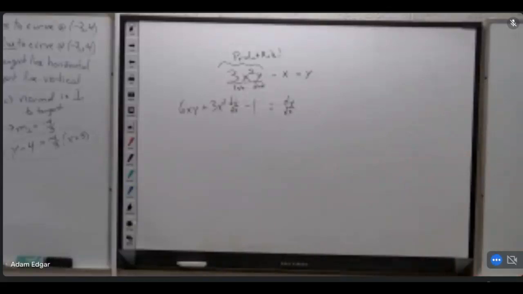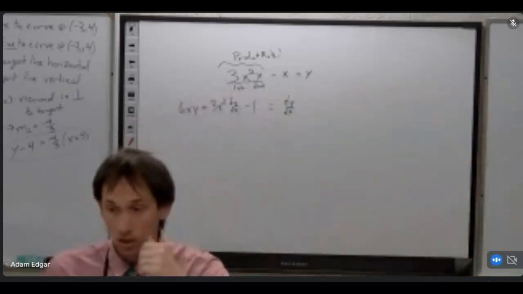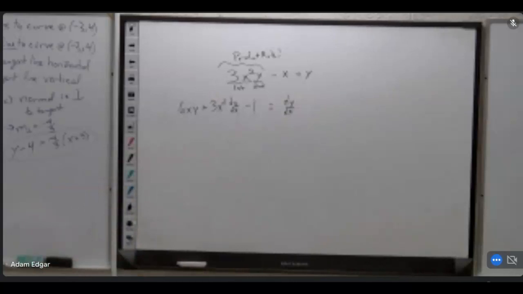Very nice. You did the same things too. So when you go to factor out the dy dx, you've got to bring this over, factor out dy dx, there's a 1 minus 3x squared.